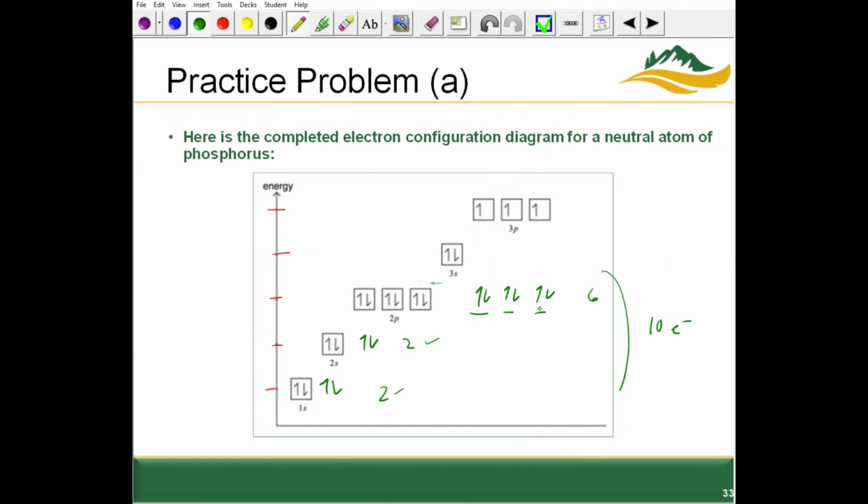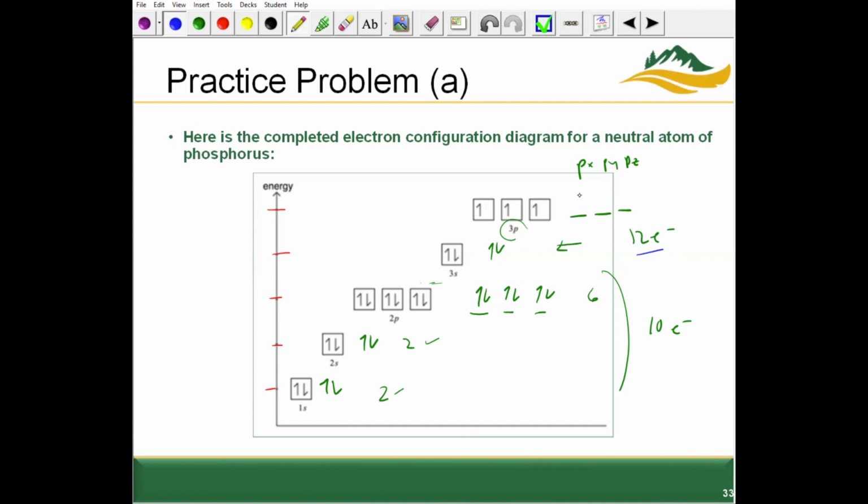Then for the 3s, we completely fill this one up, and then that's 12 electrons at this point. We have 3 more. For the 3p subshell that has 3 orbitals, we can think of that as px, py, and pz. We need to fill in 3 more electrons. We want them to be unpaired unless they need to be paired.